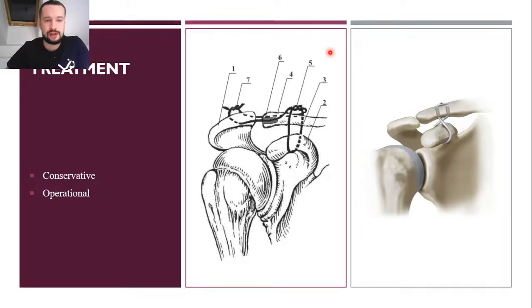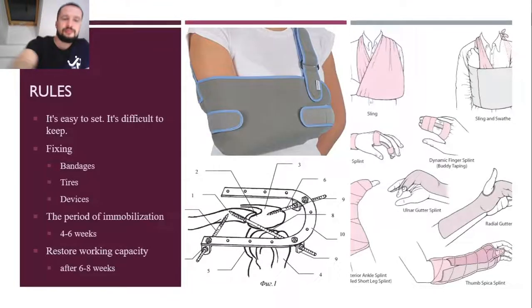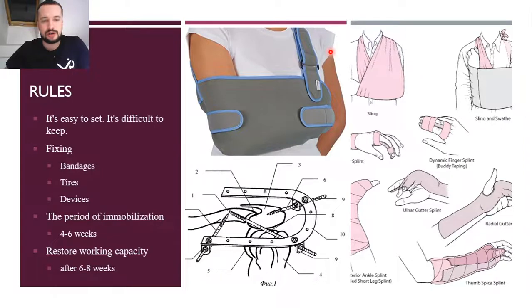There are conservative and operative methods of treatment. You see these types of treatments. The reduction of the dislocated acromial end of the clavicle is not difficult, but it is quite difficult to keep it in the right position by conservative methods.